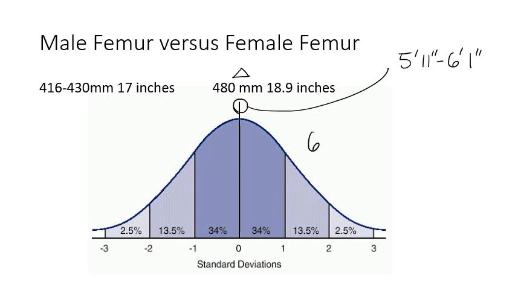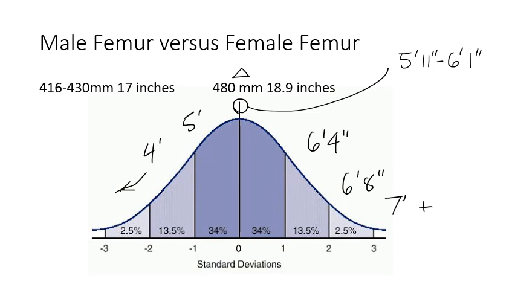Some individuals, they're 6 feet 4 inches. Some individuals, 6 feet 8 inches. Some individuals, 7 feet plus. Okay, but that tapers off as we go along, and we also have males that are 5 feet, that are 4 feet, and that tapers off as well.